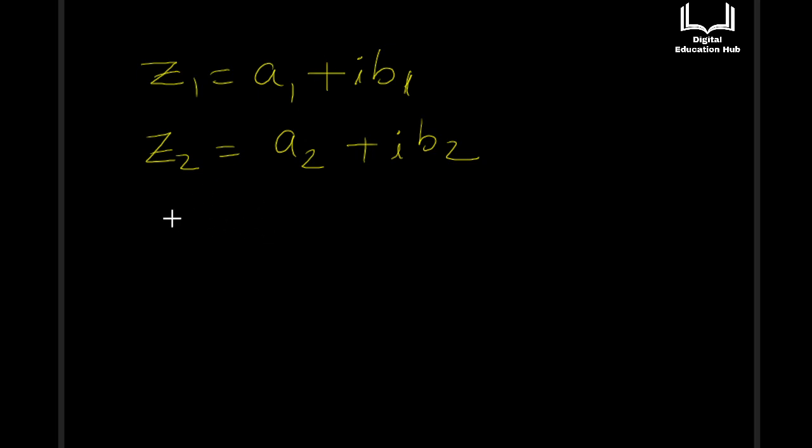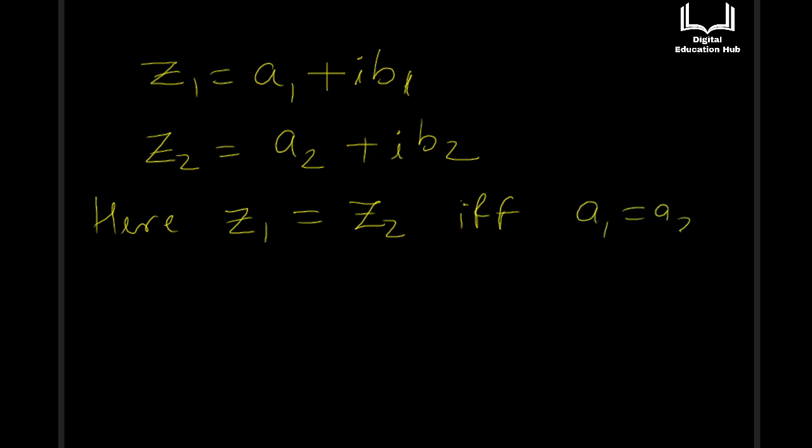Now these two complex numbers would be the same provided their real and their imaginary terms are also the same. So we can say that z1 would be equal to z2 if and only if a1 is equal to a2 and b1 is equal to b2.